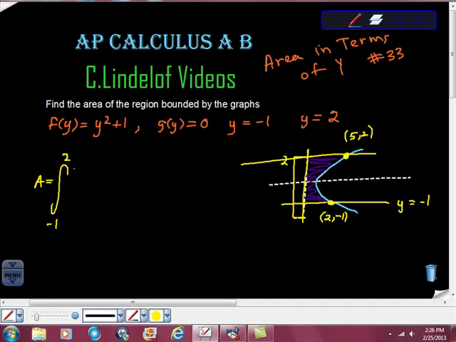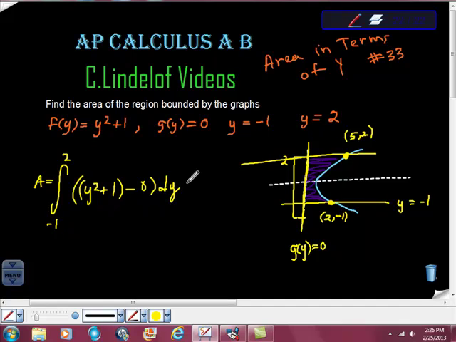And this function is on top, isn't it? The top function is the y squared plus 1 function, minus the bottom function. As weird as that is, the bottom function is g of y equal to 0, so minus 0 dy.